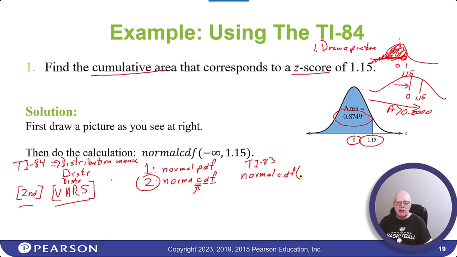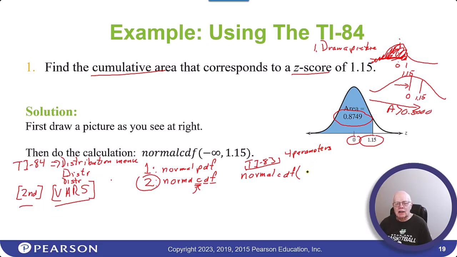Now, if you have the TI-84, follow along because you actually get a menu, so it's easier for you. With the TI-83, you're going to have 4 parameters. That means four numbers or options that you need to put in.